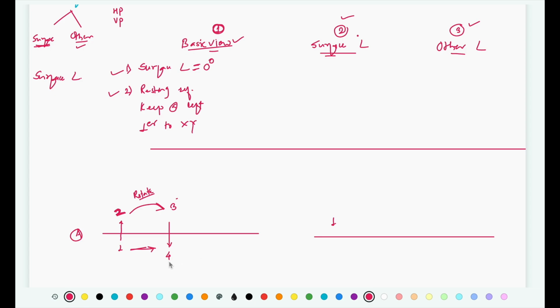Now once you have got step number 4 and you are going to draw step number 5, a similar relation exists as in the case of step number 2 and 3. So step number 4 and 5 are going to have the same shape, size, dimensions. You are just going to rotate that view, or change its orientation, to make it inclined to the vertical plane, whatever given inclination is there.